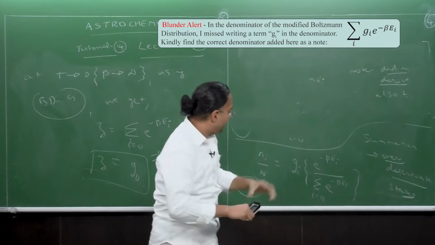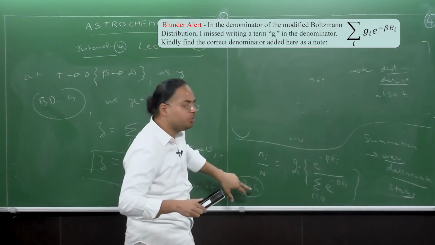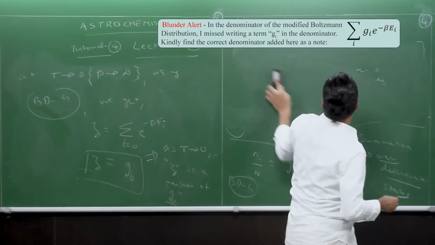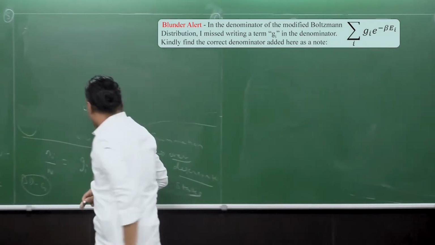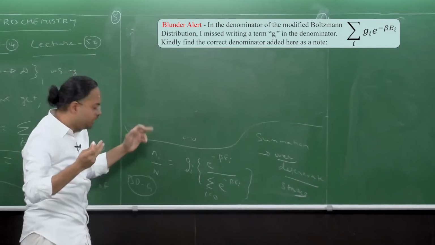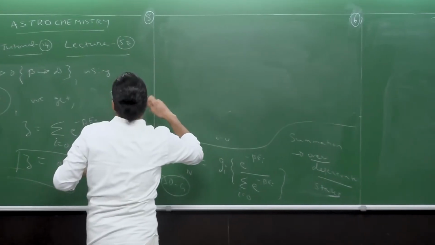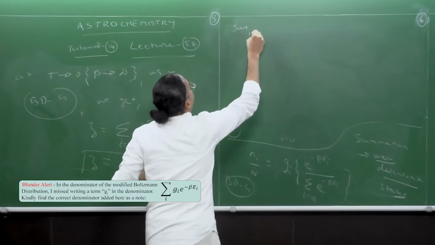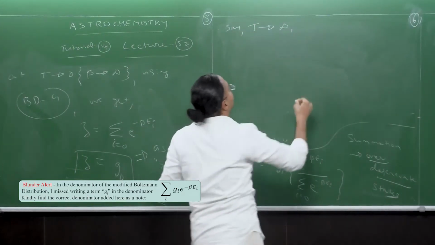For fun, I'll use this equation now. Instead of using the original Boltzmann equation, I'll use the Boltzmann distribution in terms of the degeneracies, okay? Let's consider the case T tends to infinity and beta tends to 0.